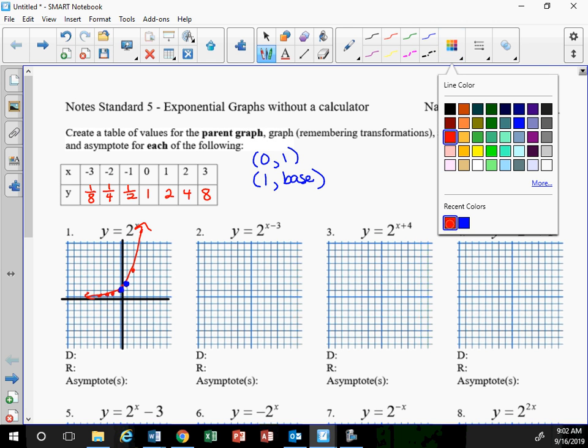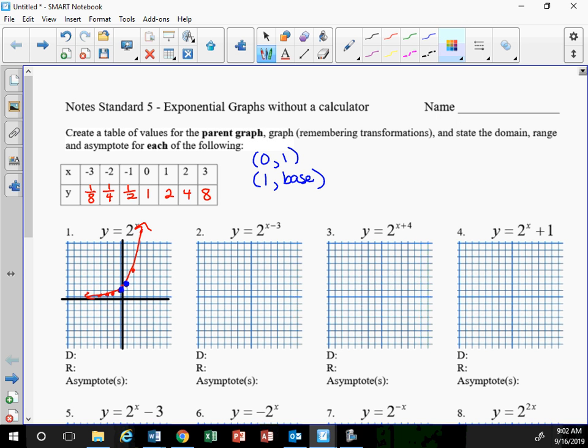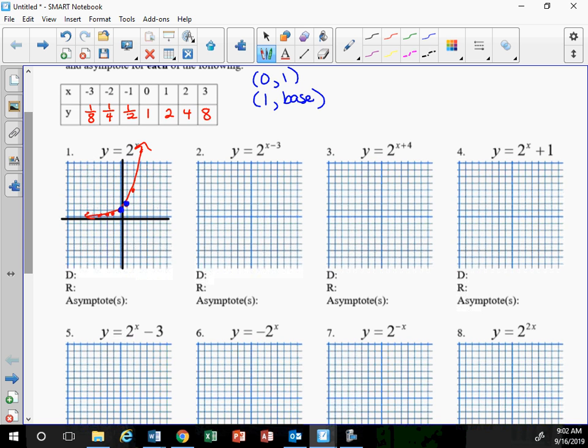And then let's fill in domain, range, asymptote, all that good stuff. The first graph there, the parent graph, what is the domain of that? Yeah, -∞ to infinity. What about the range? Okay, is the 0 included or not? No, good.